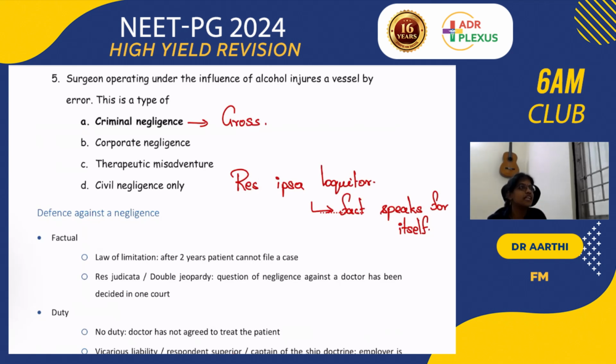Generally, whenever there is negligence, the patient has to prove negligence. But with res ipsa loquitur, like wrong limb surgery, wrong side operation, wrong operation itself, the facts speak for themselves. Leaving an instrument inside, the patient does not have to prove anything. He just goes and says that this is negligence. That's all, right? So this is res ipsa loquitur.